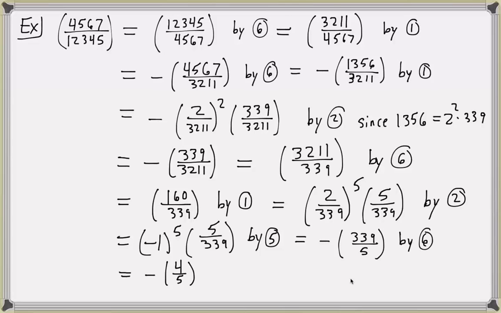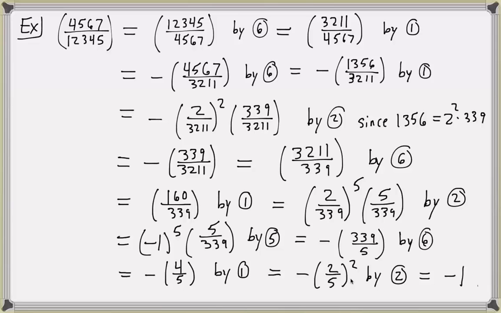But 4 is a perfect square, so this will just equal the negative of 2 over 5 squared by property 2. The Jacobi symbol 2 over 5 squared will be 1, so this answer will just be negative 1. So the Jacobi symbol we started with has value negative 1. So the answer is negative 1.